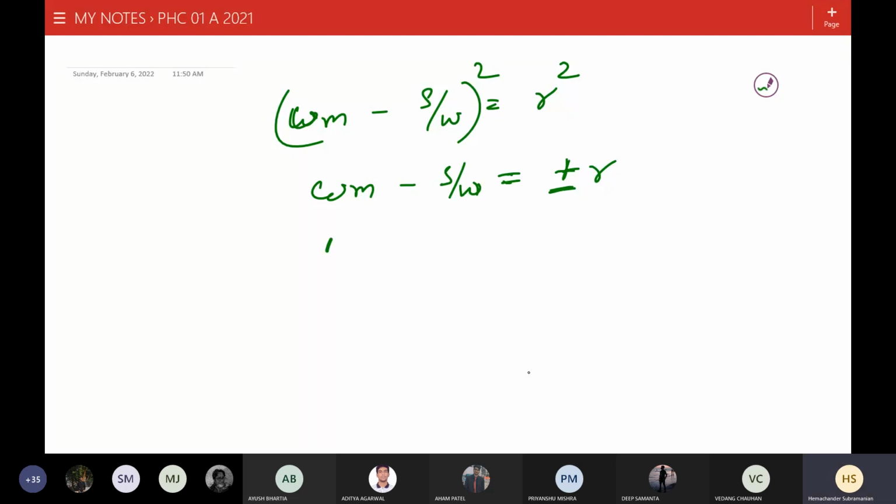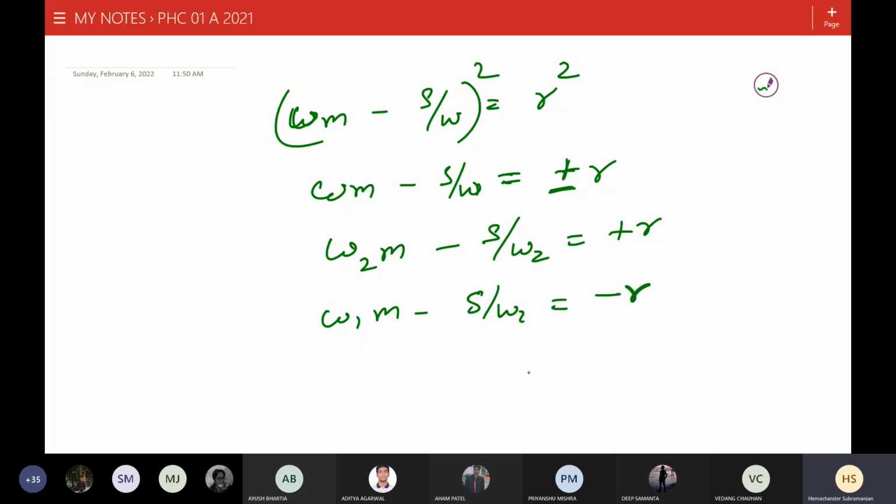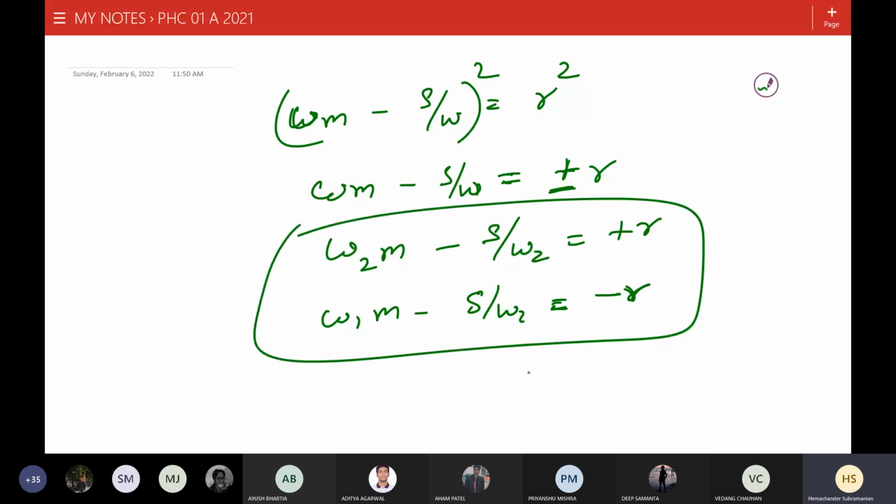Let's say omega 2 m minus s over omega 2 equals plus r. Omega 2 is larger, then omega 1 m minus s over omega 1 equals minus r. Right?